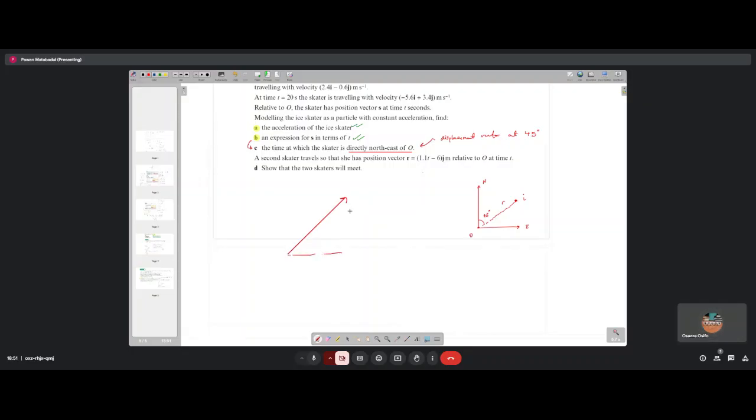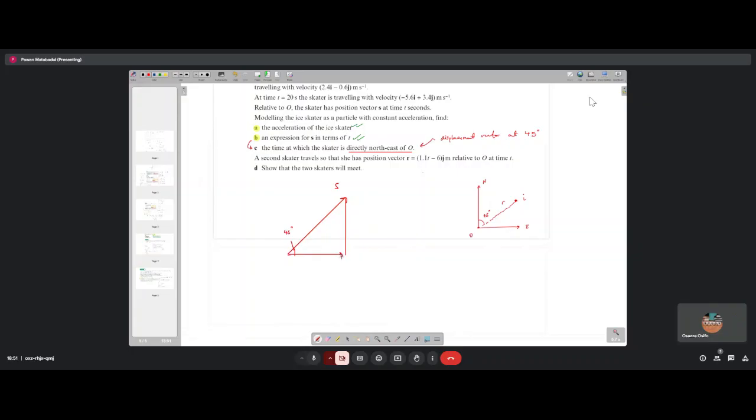So why is that so useful? Well, if you imagine constructing a right angle triangle properly, we know one thing about the displacement vector. It has to be 45 degrees.